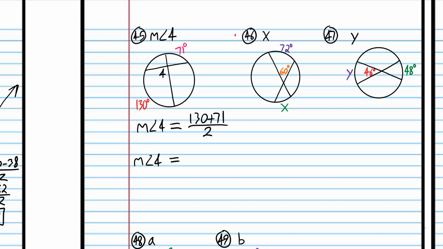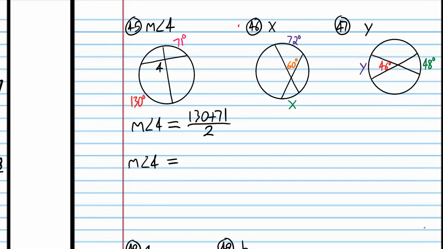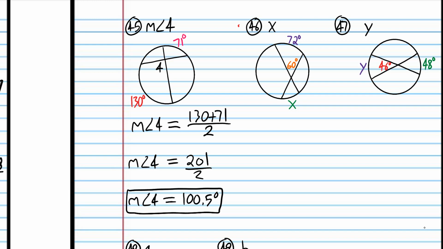So 130 plus 71 is 201, and that would be 100.5 degrees. So if you got that answer, good job.